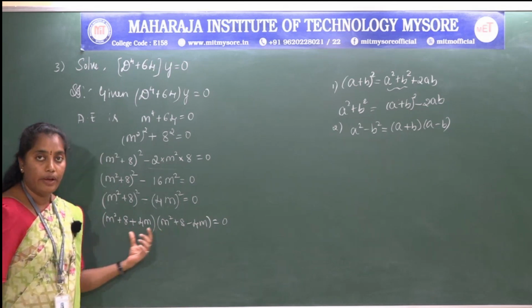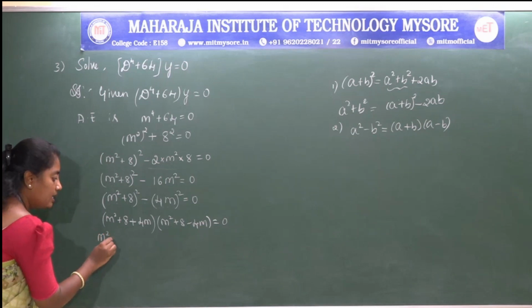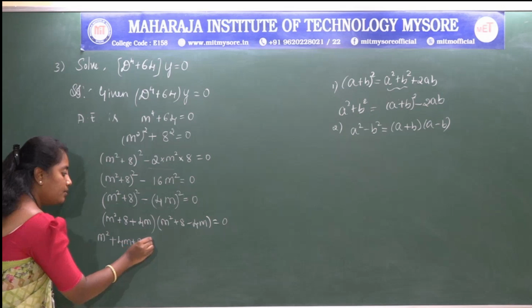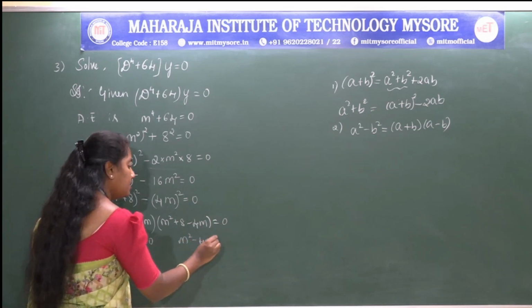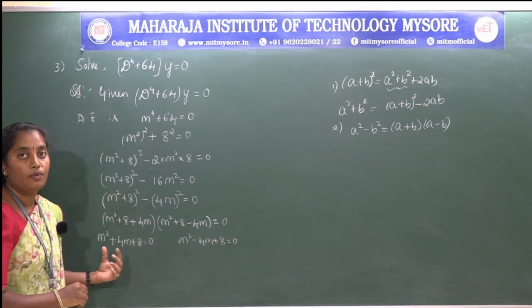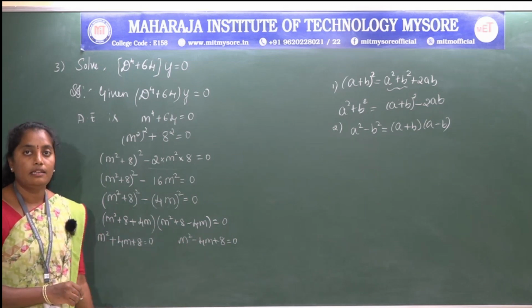Here we have two factors. Splitting the two factors, we get the first factor m square plus 4m plus 8 equal to 0, and the second factor m square minus 4m plus 8 equal to 0.